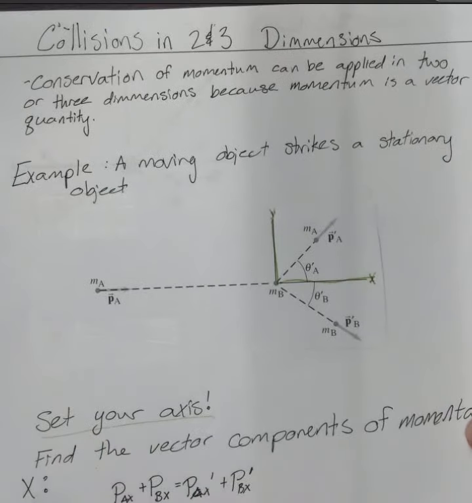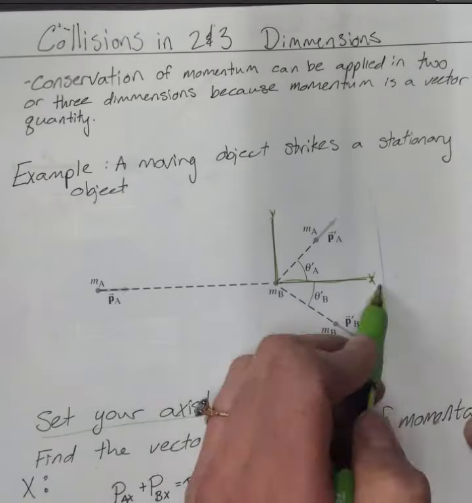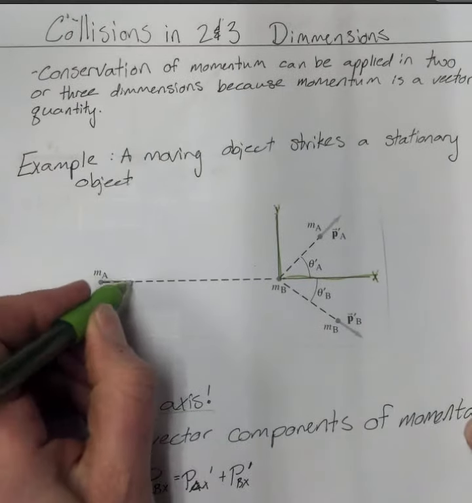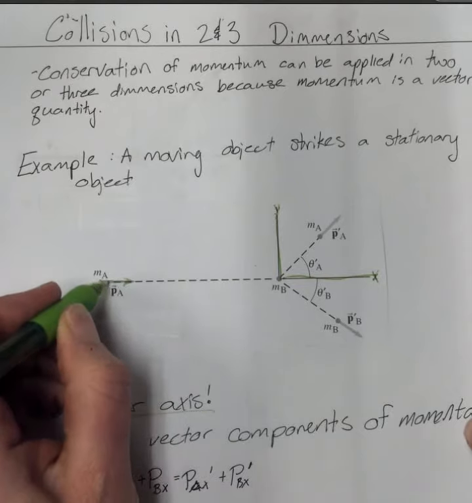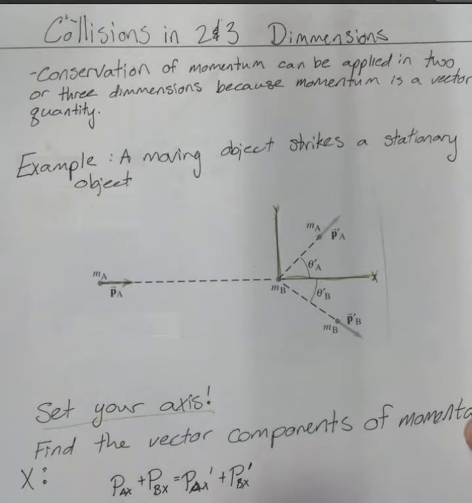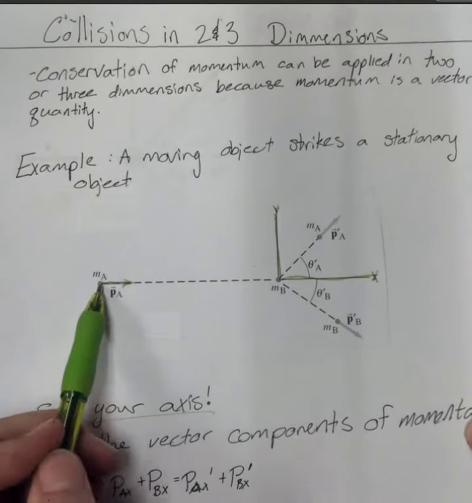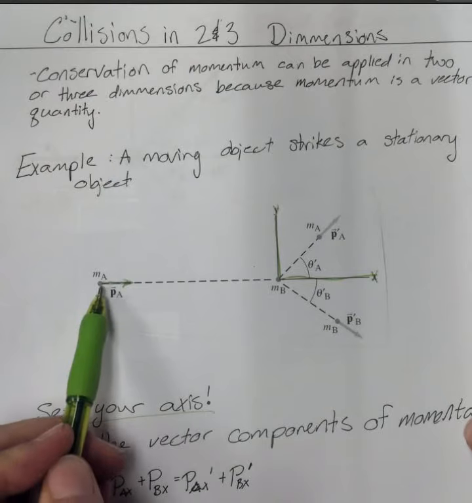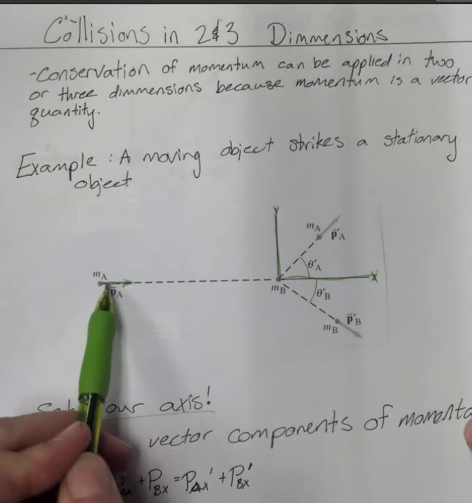And one of the tips that I could give you is always set at least one axis to be parallel to your initial momentum. So here our initial momentum is set up along the x-axis. And so that means that initially, as far as momentum is conserved, there's only momentum in the x-axis.